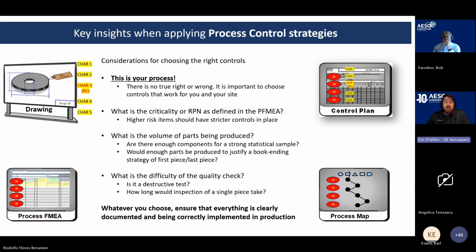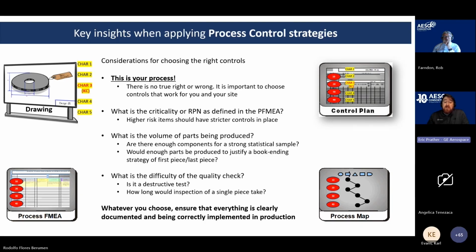There isn't a right or wrong. You have to choose something that is going to work for you and your site. No one can just give you the answer and dictate your process. What is the criticality or RPN as defined in the PFMEA? We're trying to put a risk evaluation to each process and characteristic in the PFMEA. If we have a high risk item, do we need stricter controls in place? Because that's how we bring those scores down.